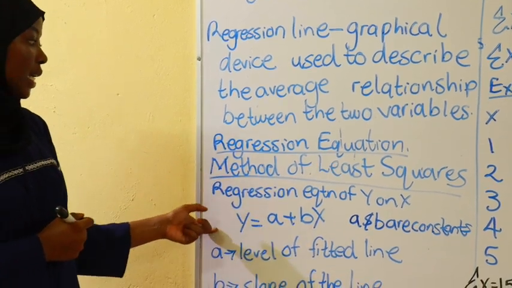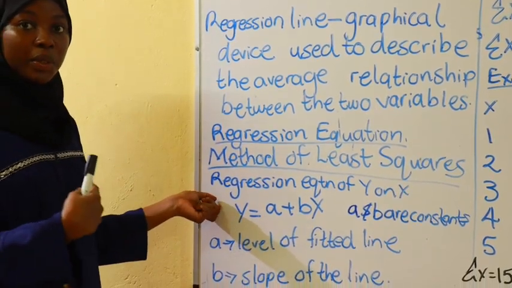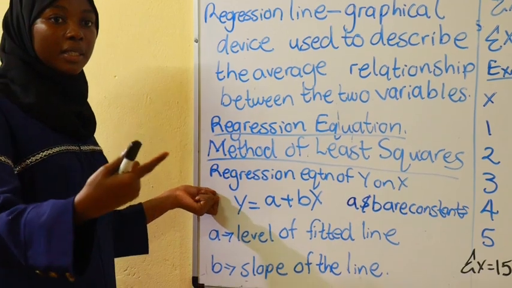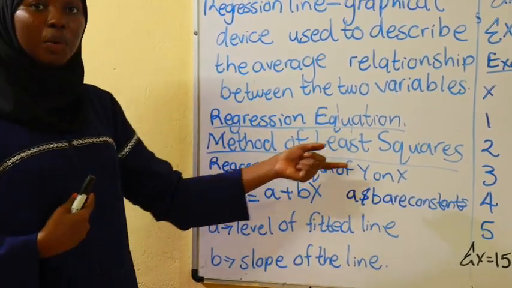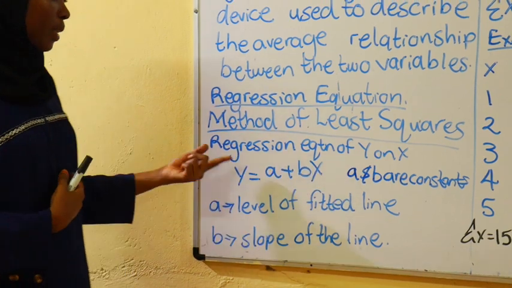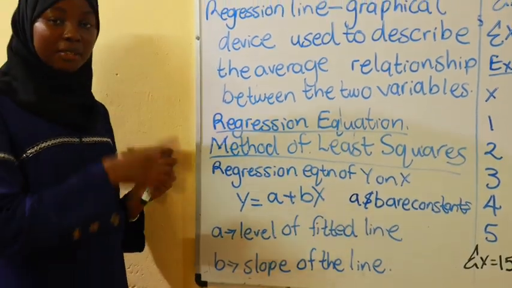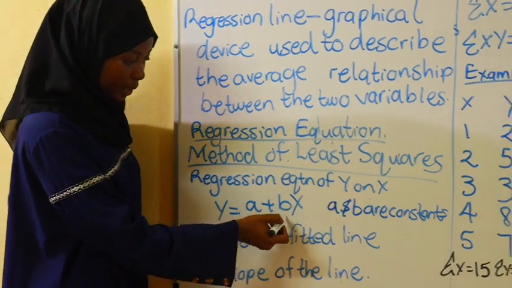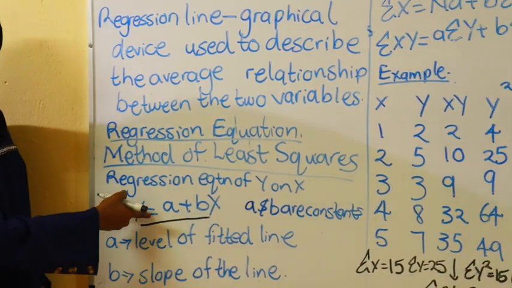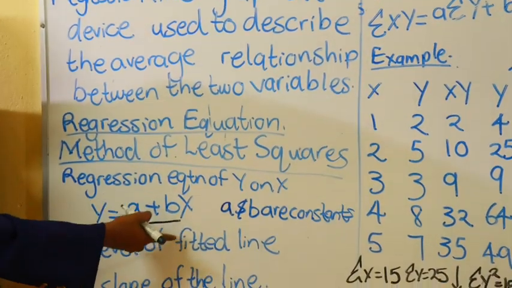As I told you, you can either be told y on x or x on y. For our case here, you have the regression equation of y on x. After you do your calculations, it should always look like this: y is equal to a plus bx.